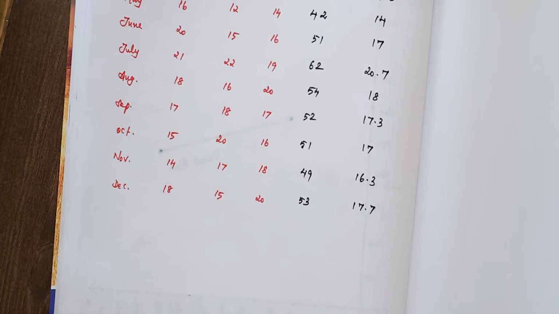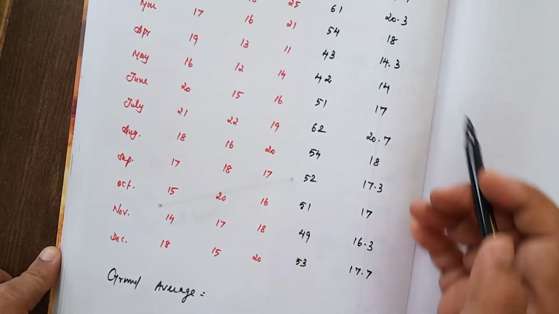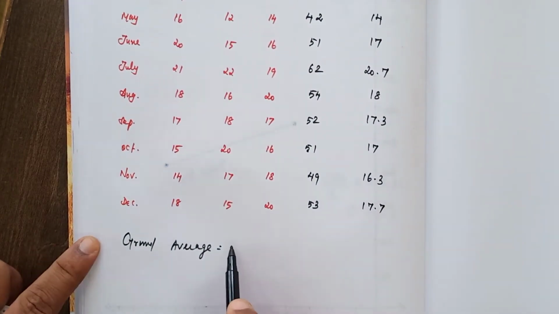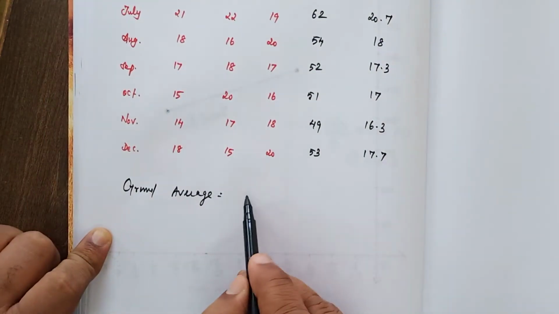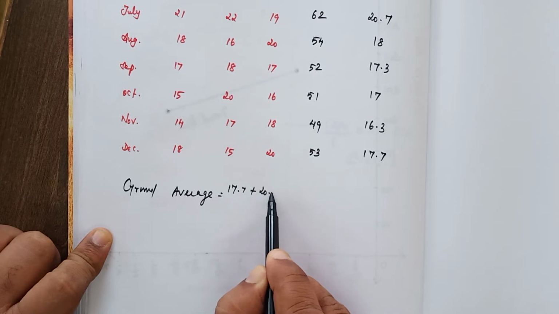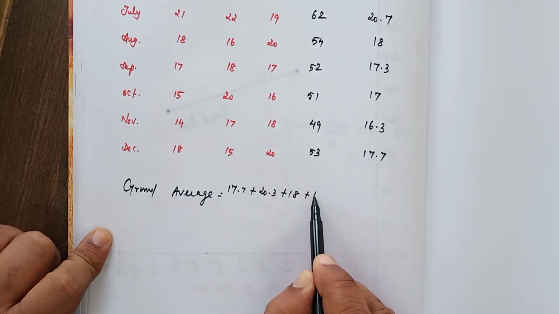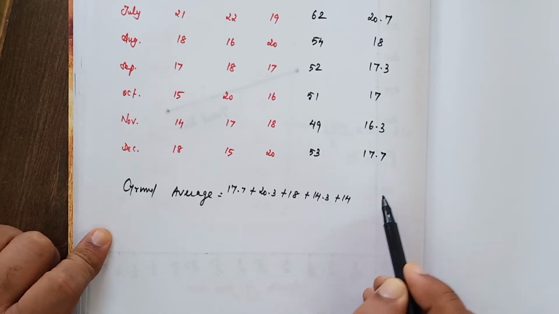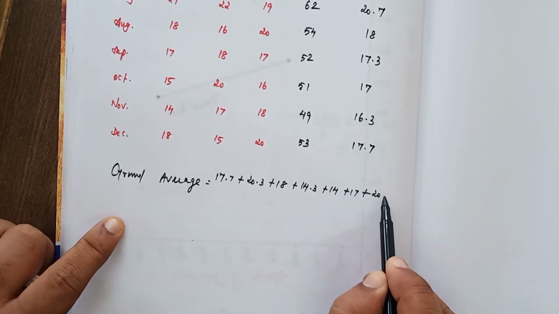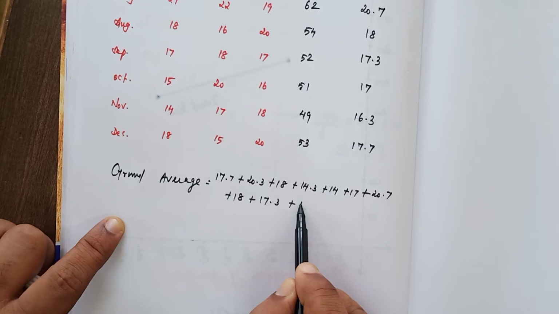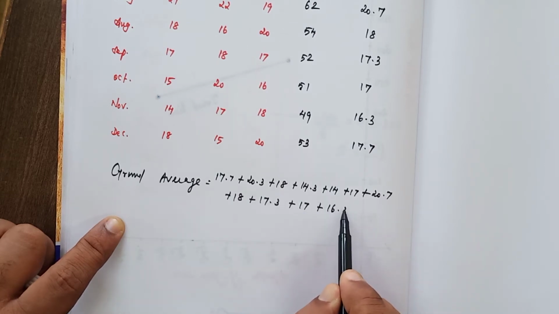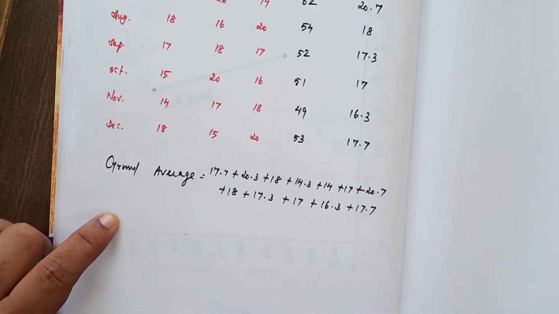Then you have to calculate the grand average. You have to add all the values of the monthly averages: 17.7 plus 20.3 plus 18 plus 14.3 plus 14 plus 17 plus 20.7 plus 18 plus 17.3 plus 17 plus 16.3 plus 17.7.